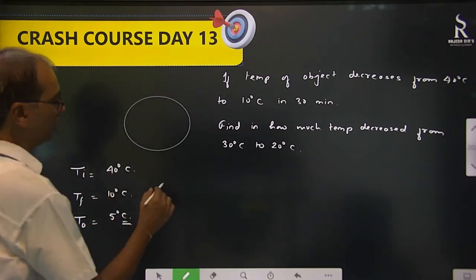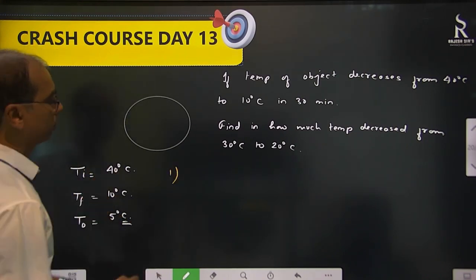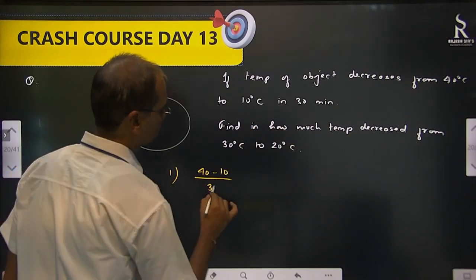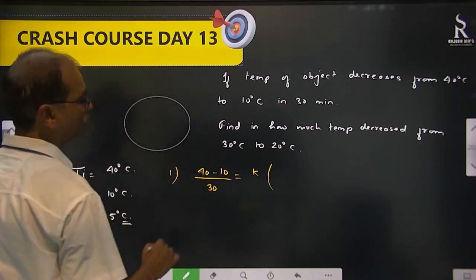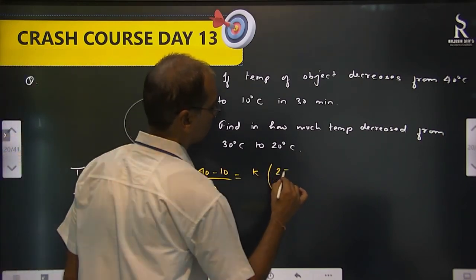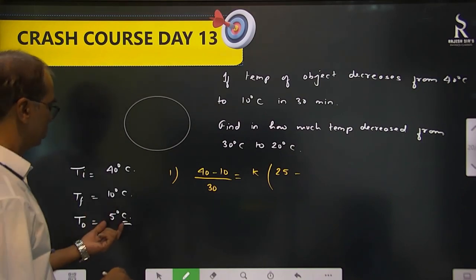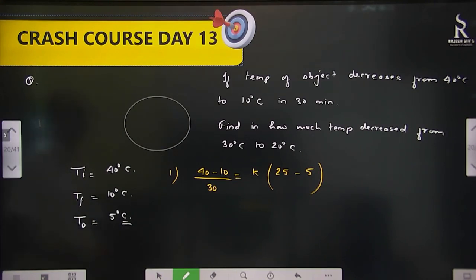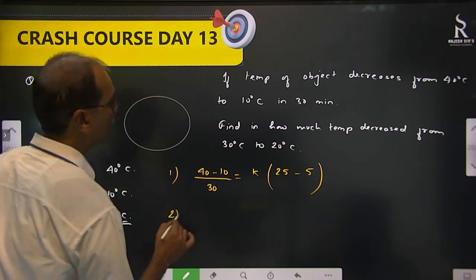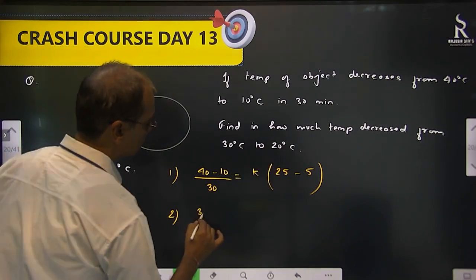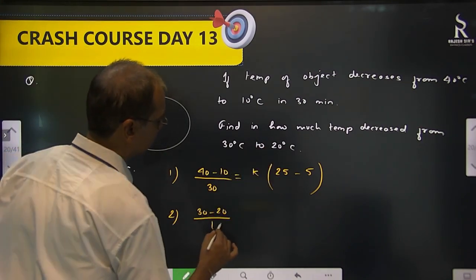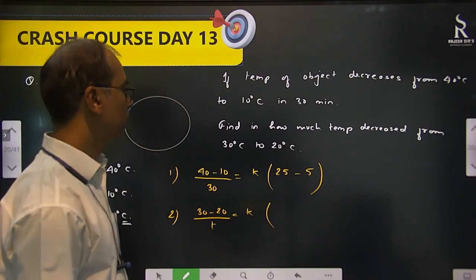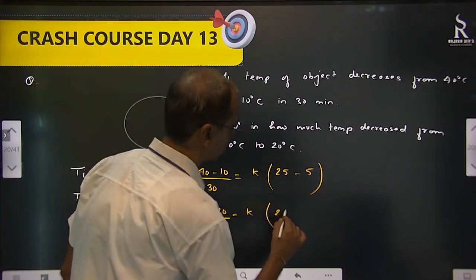So first step, 40 to 10. So 40 minus 10 by how much time? 30 minutes, equal to K times the average value, 40 plus 10 by 2, that is 25, minus the outside temperature 5. Second step, 30 to 20. So 30 minus 20 by t equals K times 30 plus 20 by 2, that is again 25, minus 5.